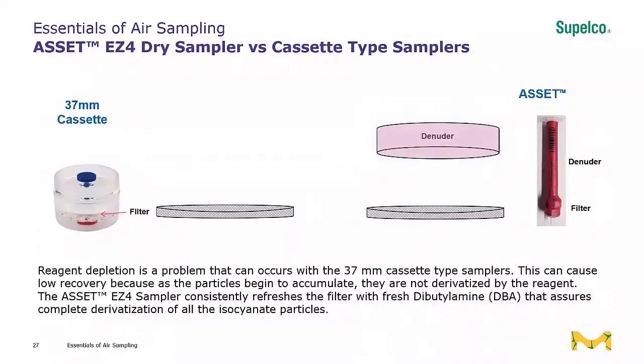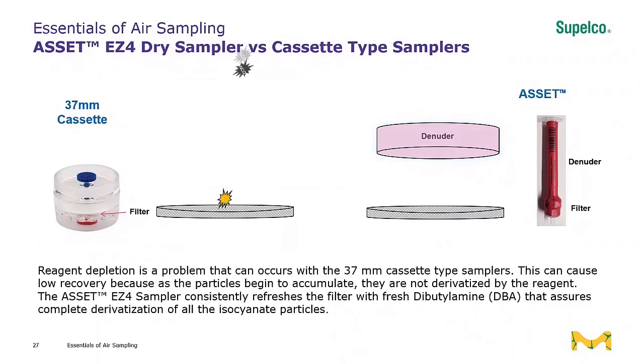The two most common devices for sampling isocyanates in the air are the 37 millimeter cassette types and the ASSET EZ4 sampler shown on the right. Both devices contain glass fiber filters that are coated with a reagent that derivatizes the isocyanate into a compound that can be measured on an analytical instrument.